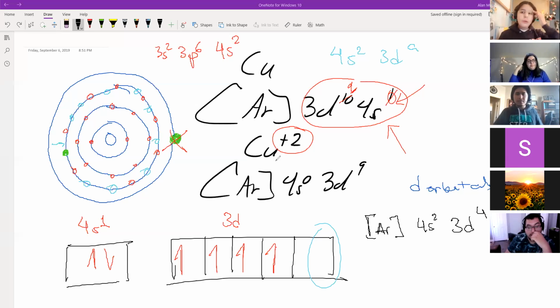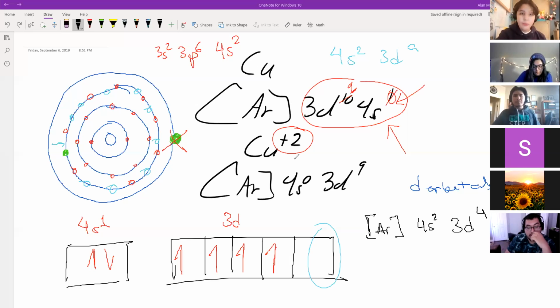So again, what did we mention that exceptions are special for? They take electrons because they want to be half full or full. Exactly, right? So chromium is an exception because it's going to take 1 electron from the 4s2.